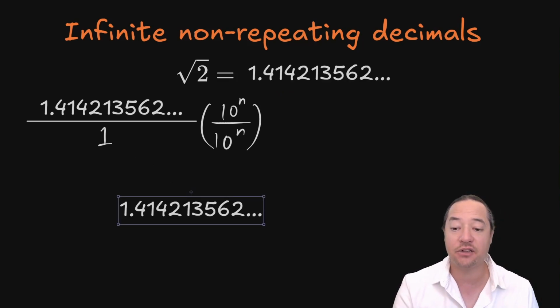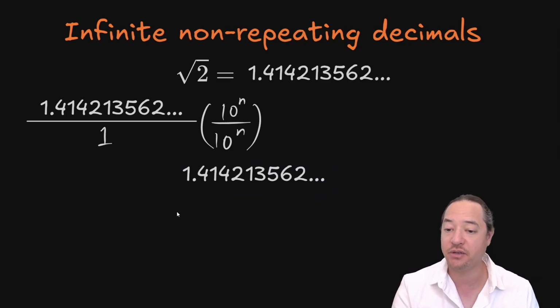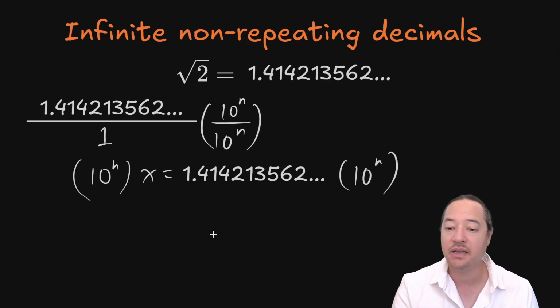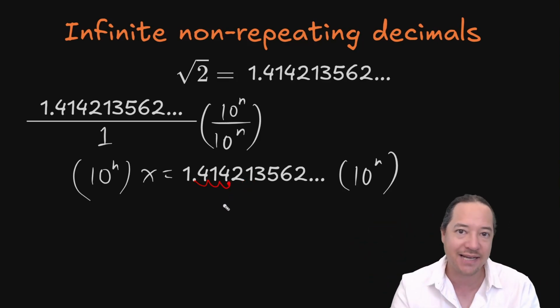What if we try the algebra method? With the algebra method, we would take that same number and set it equal to x. And then what was the trick? Well, the trick was to multiply both sides by some power of 10. And the point, again, was to capture a complete repeating unit. So if the repeating unit is 3 digits long, then you would want to grab a chunk that's 3 digits long, and then you could subtract and cancel out the infinitely repeating part.